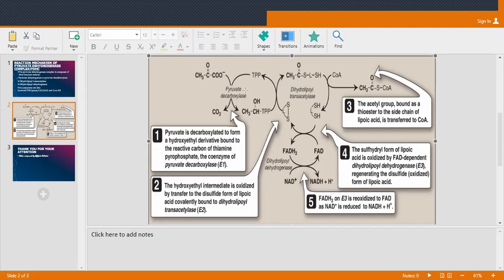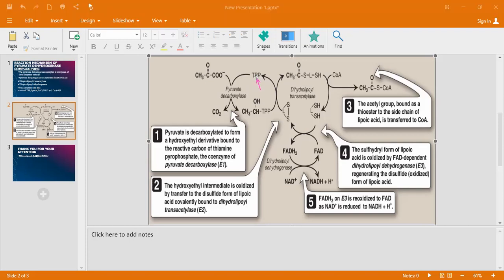We said pyruvate decarboxylase is linked to thiamine pyrophosphate. Then thiamine pyrophosphate comes in with water. So I will write here HOH. You know that is water, H2O. Yes. So this is what happens.